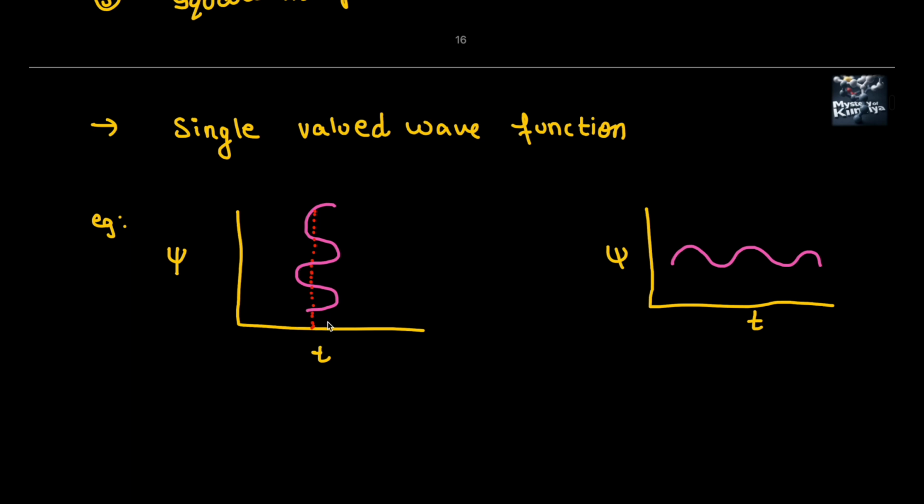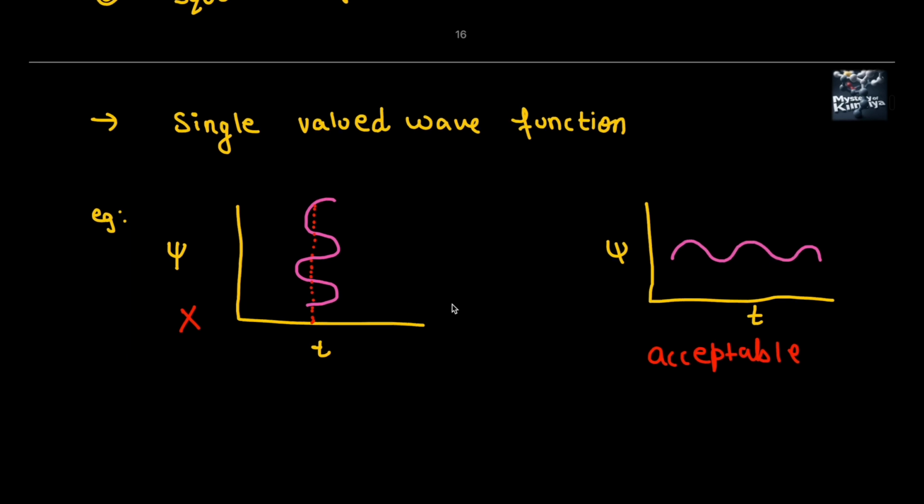Because at a particular time it should have a single value, so we cannot follow this function, right? This should be acceptable, because at each particular time the function looks different, and we are able to find out the possibilities and the probability function of the electron.